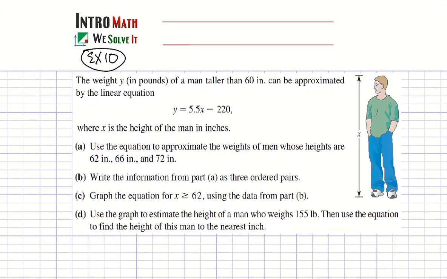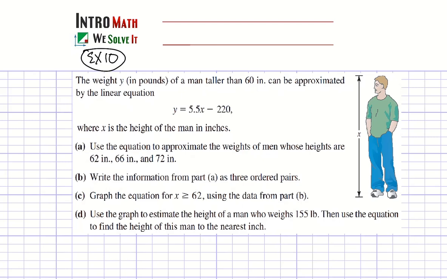Alright, folks, here's example 10, okay? Let's read that. It says the weight, y in pounds, of a man taller than 60 inches can be approximated by the linear equation y equals 5.5x minus 220, where x is the height of the man in inches.